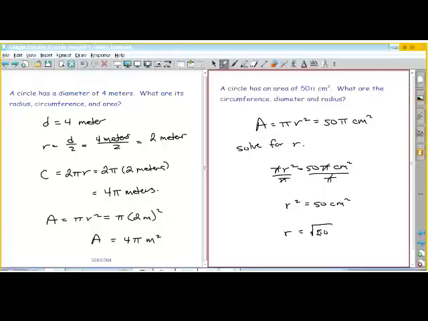And so the radius is the square root of 50 times the square root of centimeters squared. Well, the square root of anything squared is just the original thing. So what we get is the square root of 50 centimeters. And the radius is in centimeters.